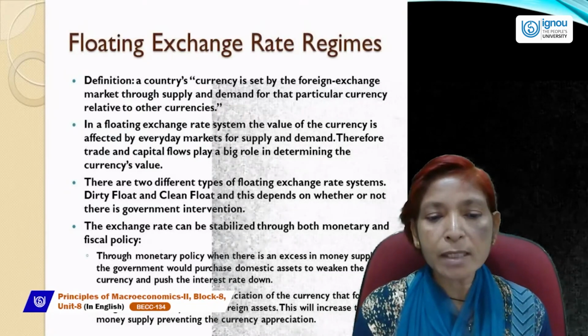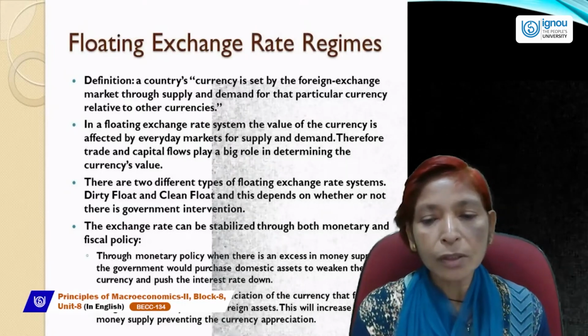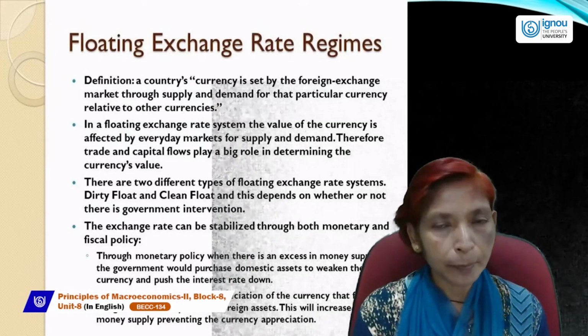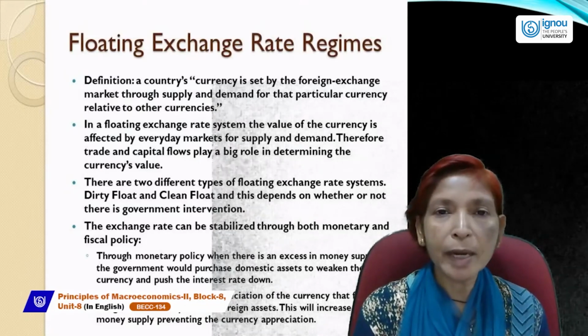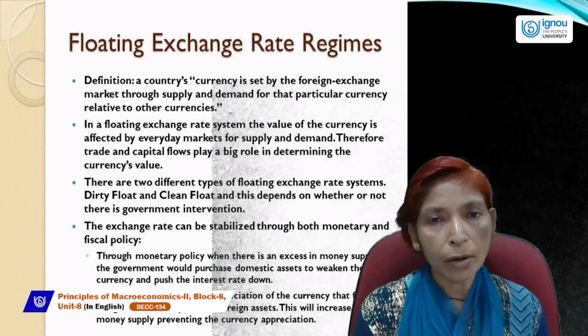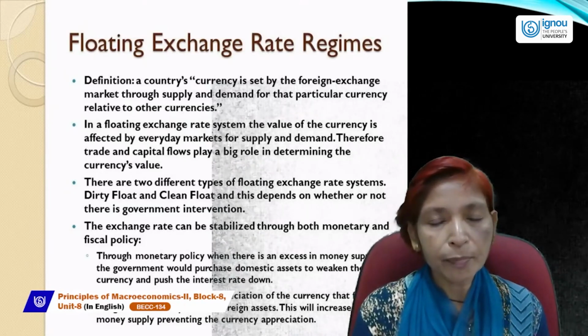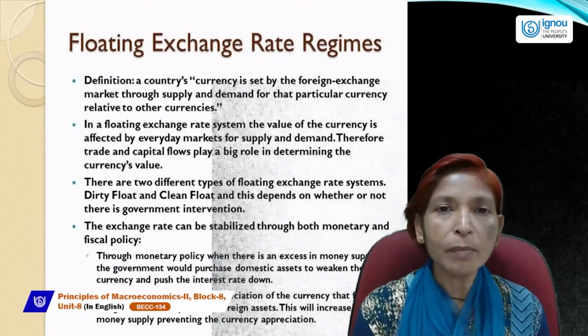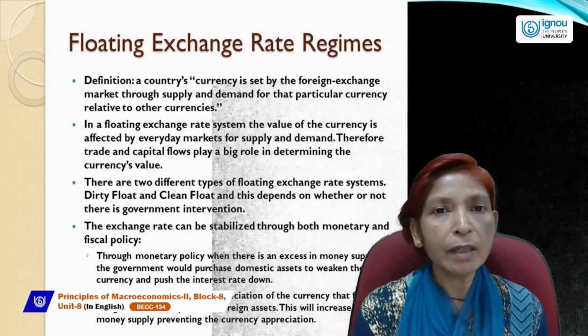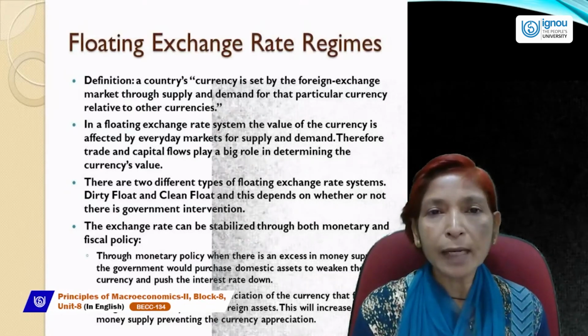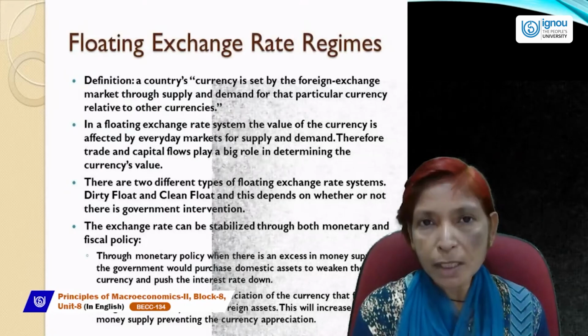The exchange rate system can be stabilized through both monetary and fiscal policy. Monetary policy is made by the central bank, such as the Reserve Bank of India or the Federal Reserve in the US, and other central banks which exist in each and every other country. And fiscal policy is the policy which is made by the government.